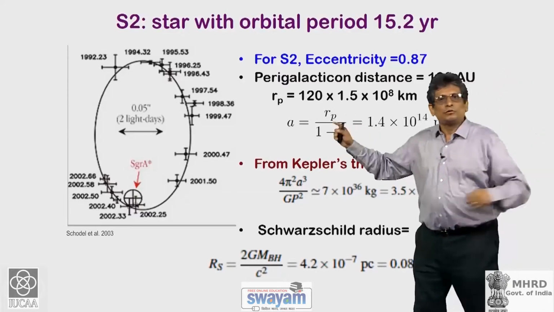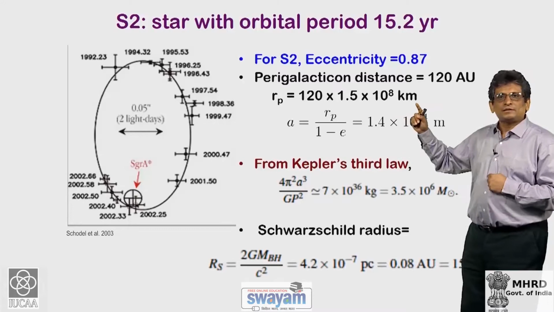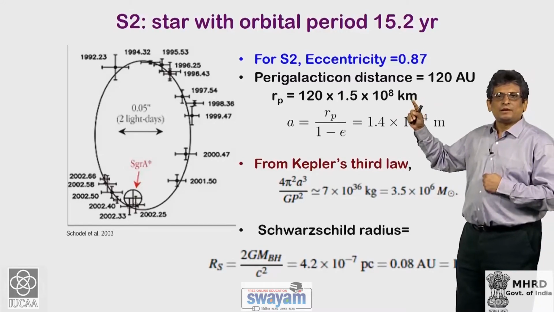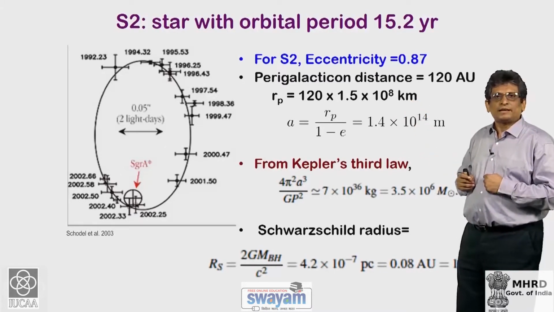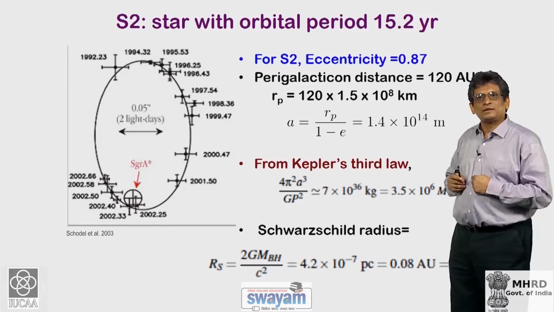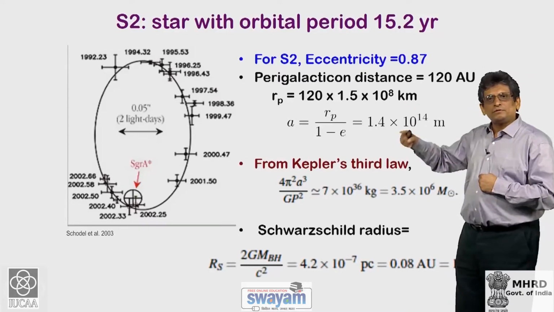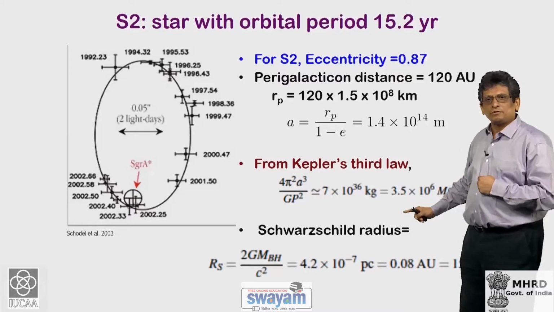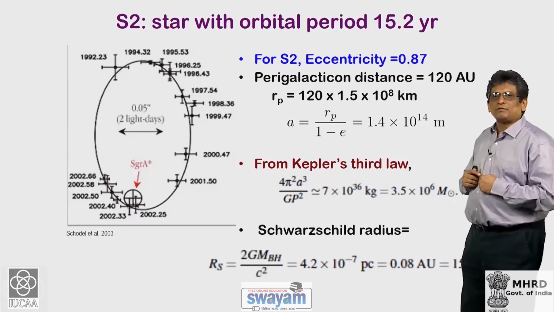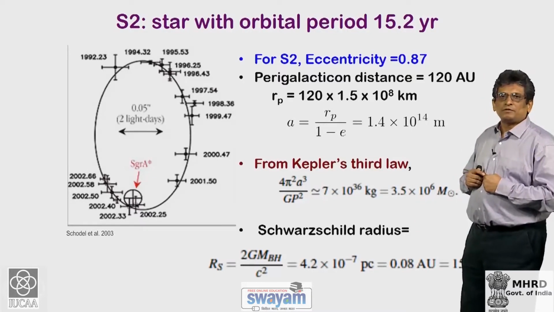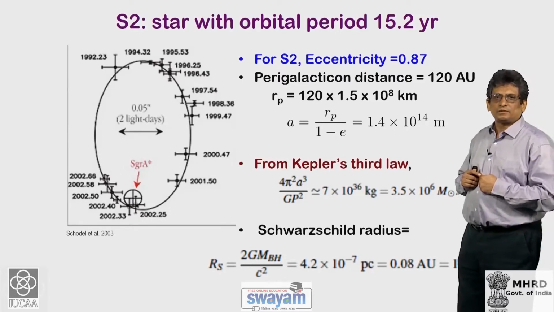Sorry, one could measure the closest distance that the star gets to the central object, and one could use the simple Kepler's third law to infer that the mass of the central object is 3.5 times 10 to the 6 solar masses.